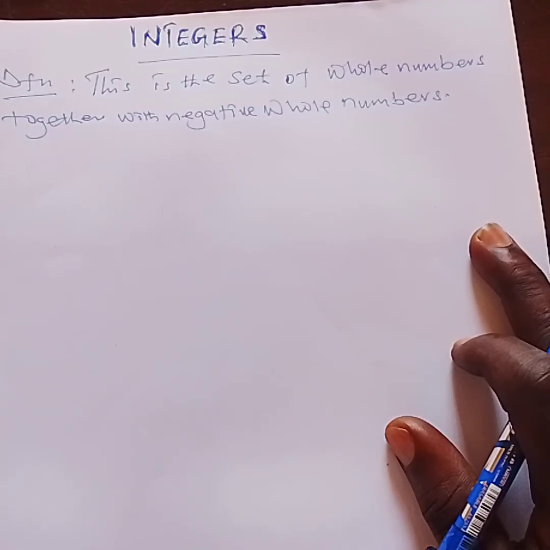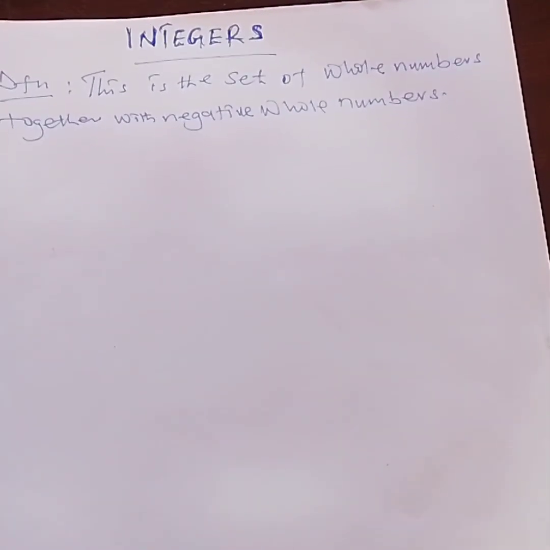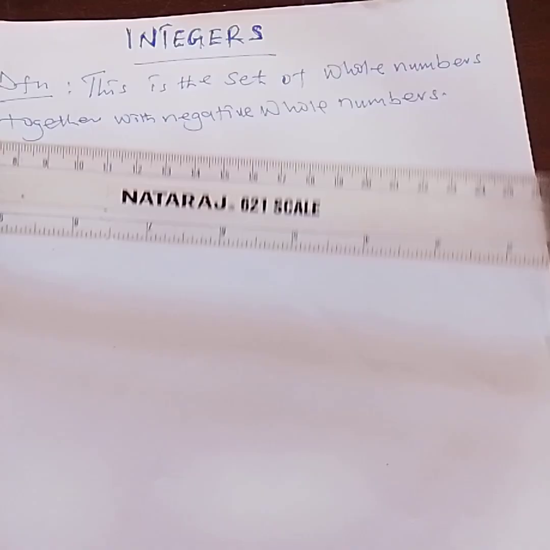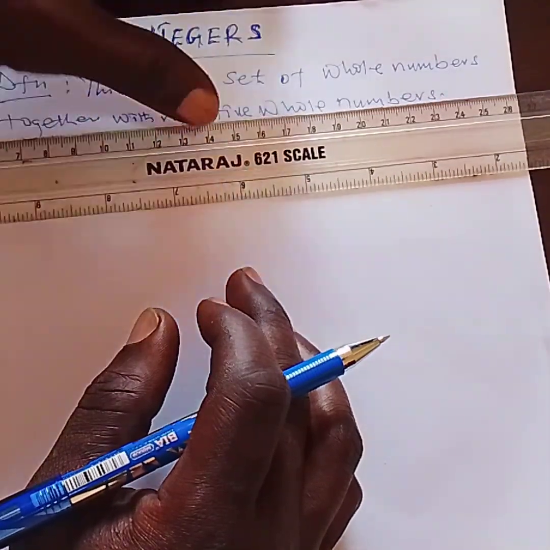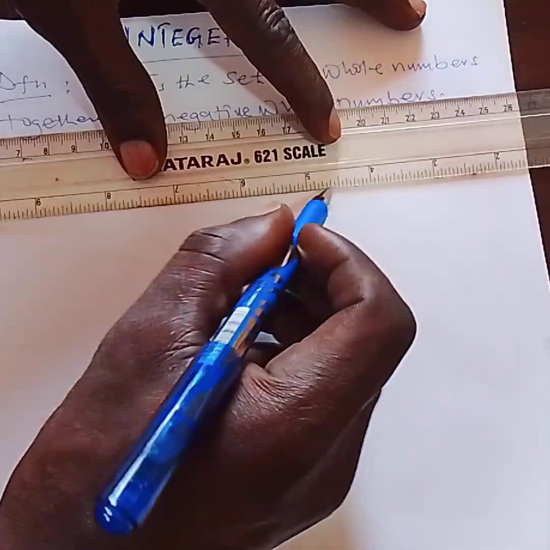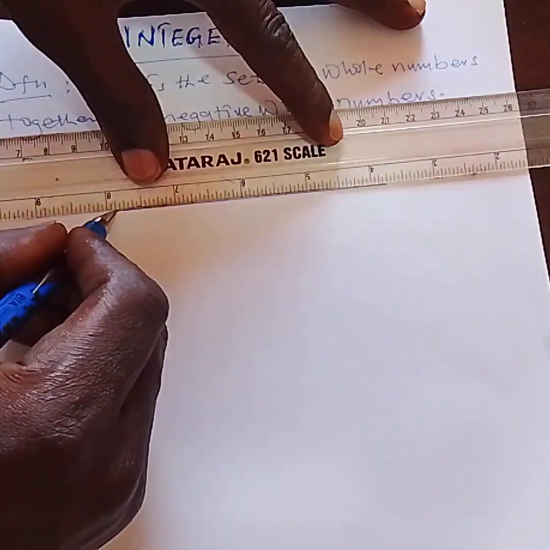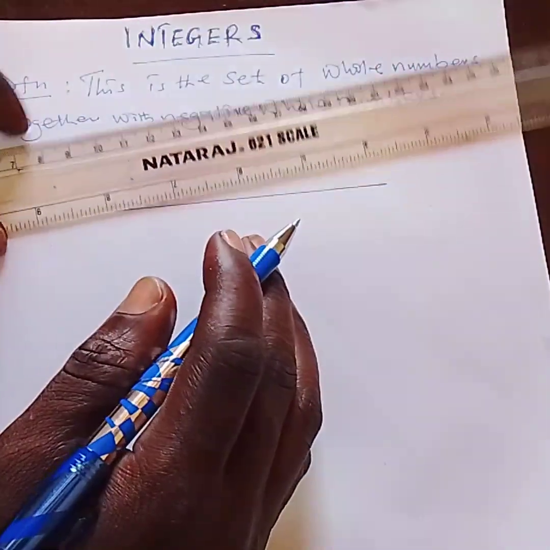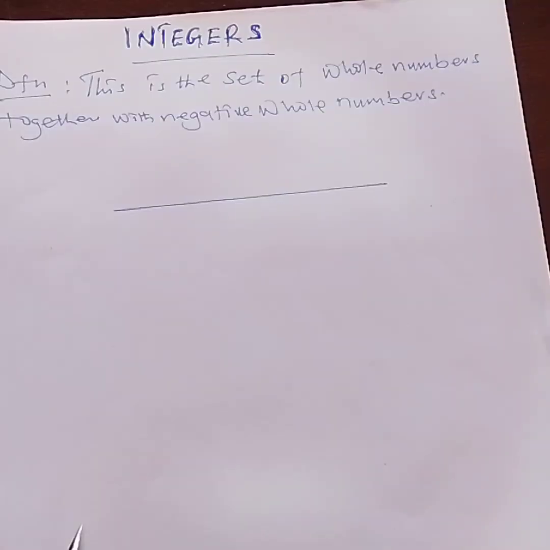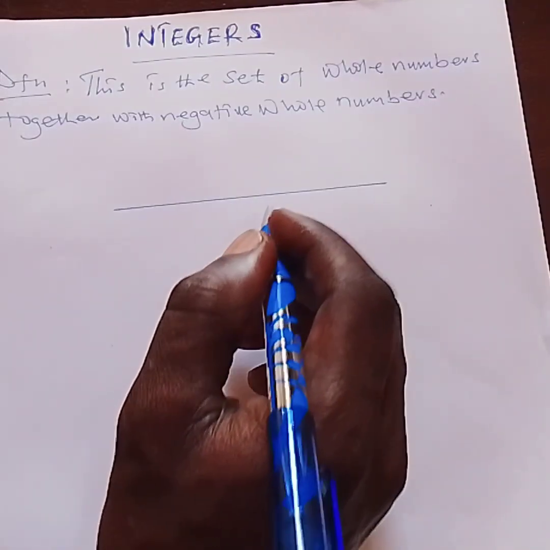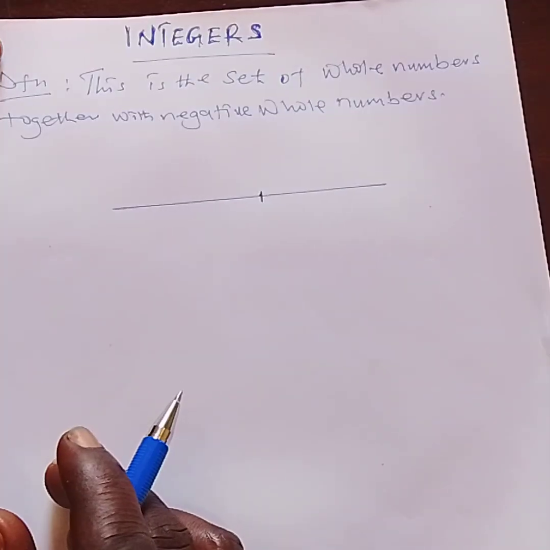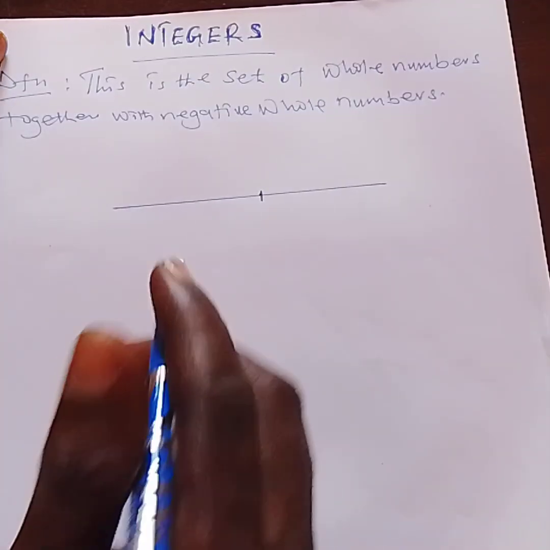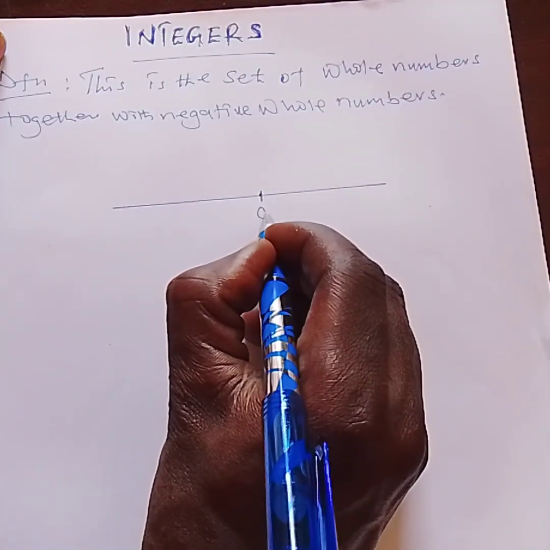Let me draw one number line, then I will show you how it works, because when I'm explaining like this, you might not be understanding. So this is our number line. Our center point is here, and in our center point we shall have 0.